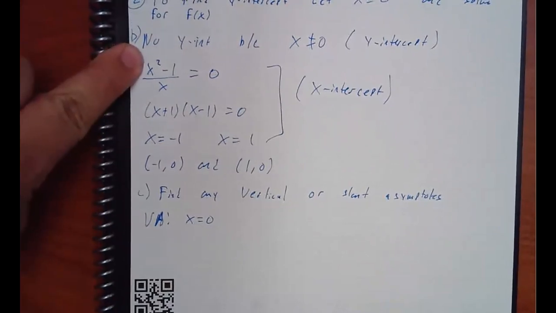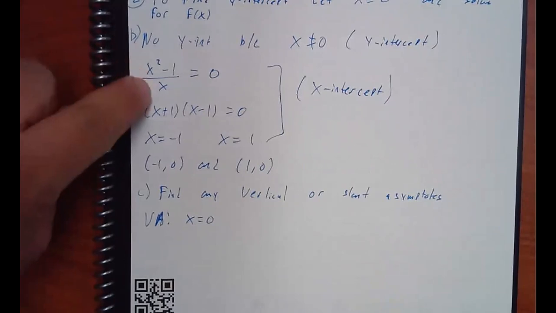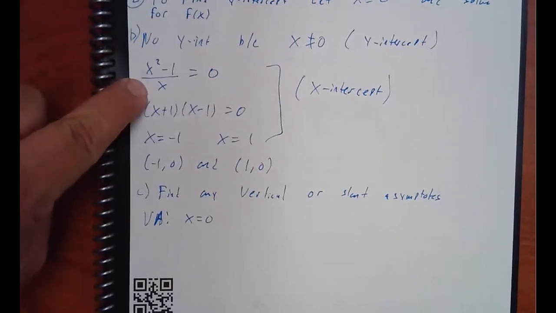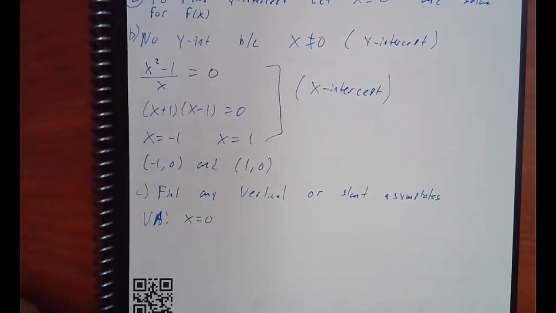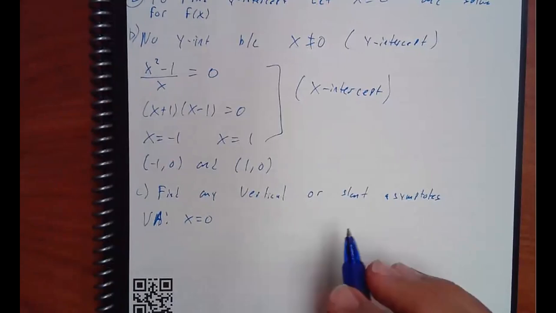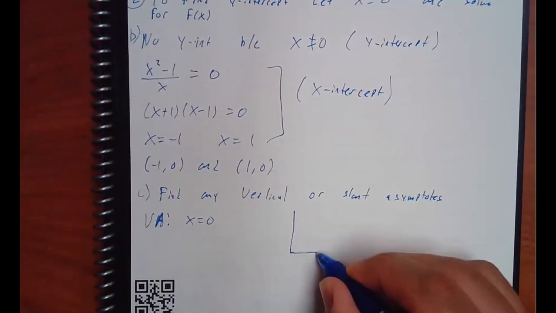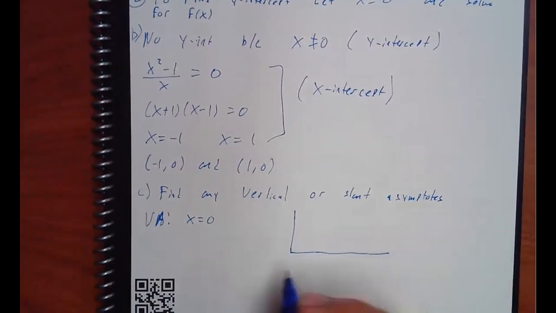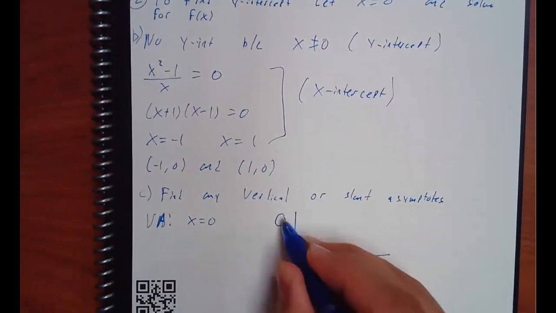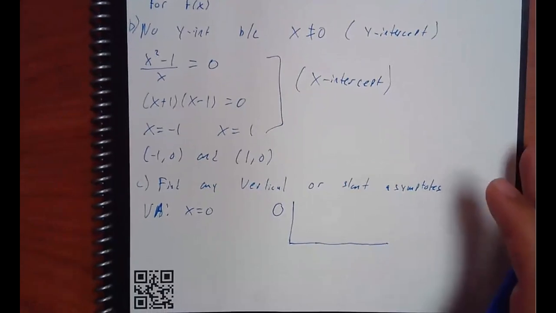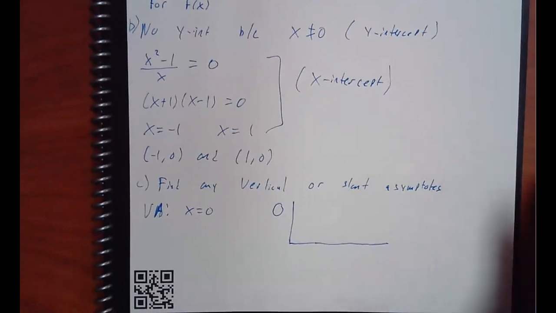The degree of the top is bigger, so I need to do my division, right? We can try synthetic. Our divisor will be 0. Let's try that. It can be done, but I've never divided by 0 before. Well, I'm not dividing, I guess, but I'm doing synthetic division with a 0.